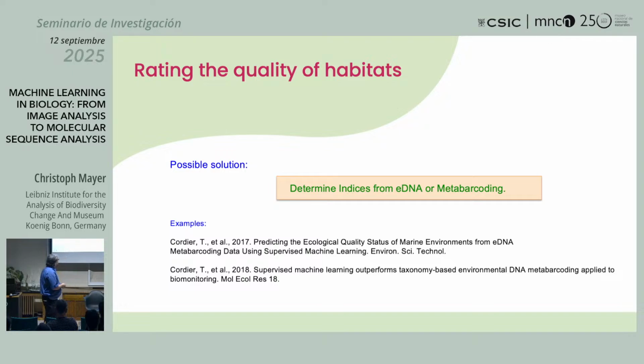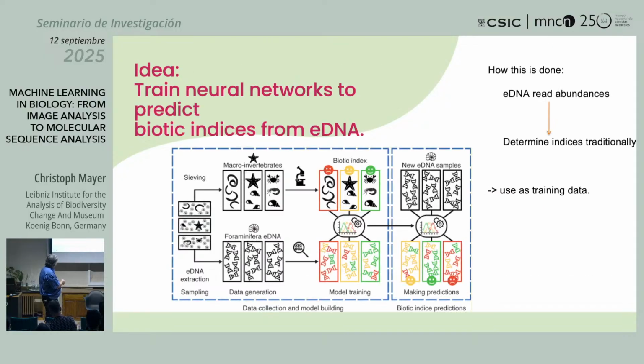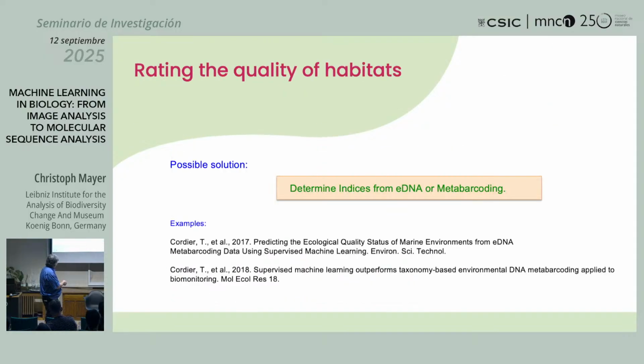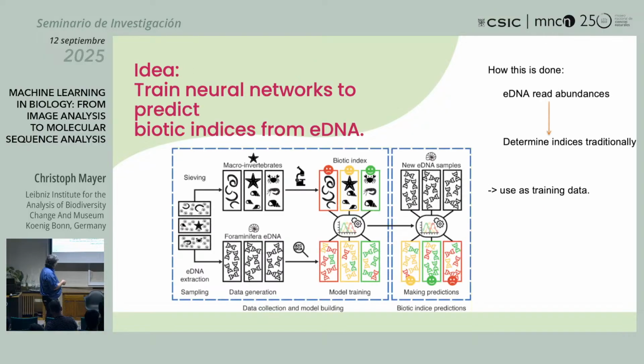That has actually been done in these papers, Tristan Cordier, 2017, 2018. They counted specimens, determined their biotic indices, and they also used eDNA and did a model training to predict the biotic indices using the eDNA data.